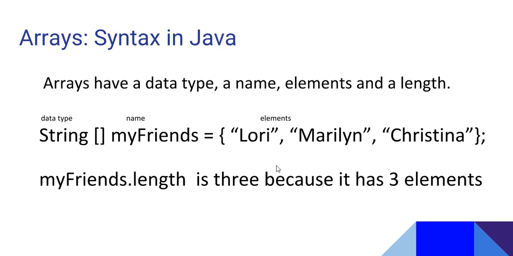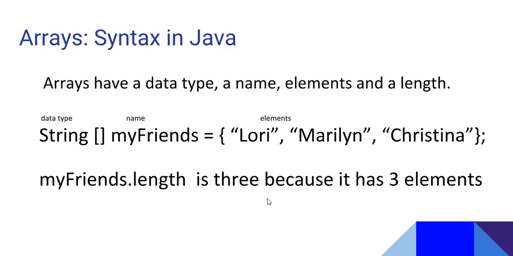I'm going to step through this example of an array of my friends. Each array has a data type, and in this example String is the data type. It has a name, myFriends is the name of the array, and it has elements. This one has 3 elements, so the length of the array is 3.